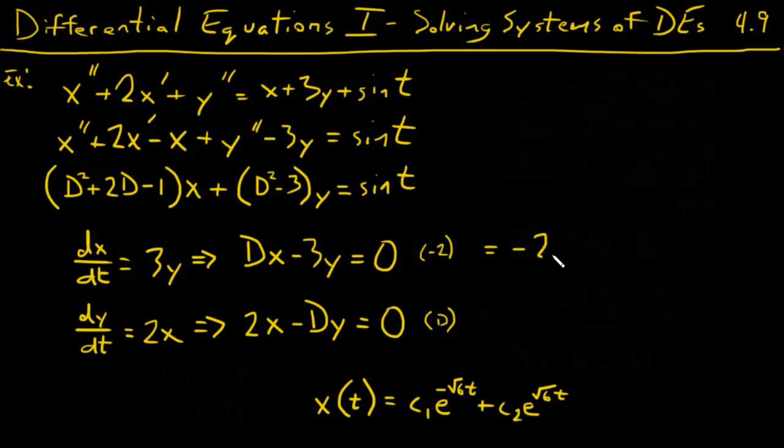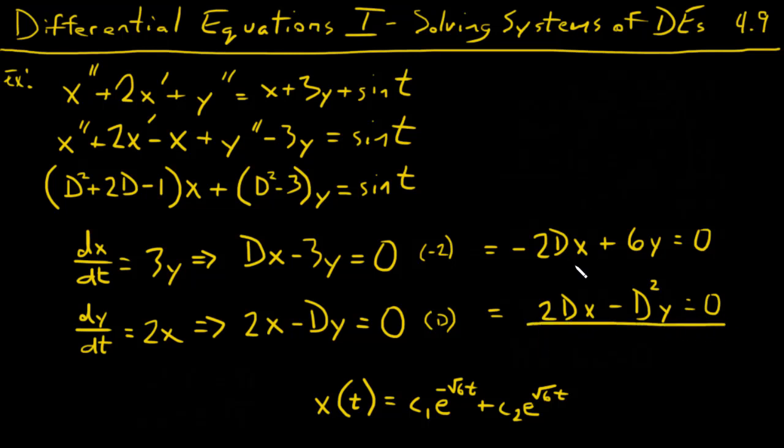So negative 2dx plus 6y equals 0. And then down here, I'm going to get 2dx minus d squared y equals 0. So now when I add them together, the x's are going to be eliminated.